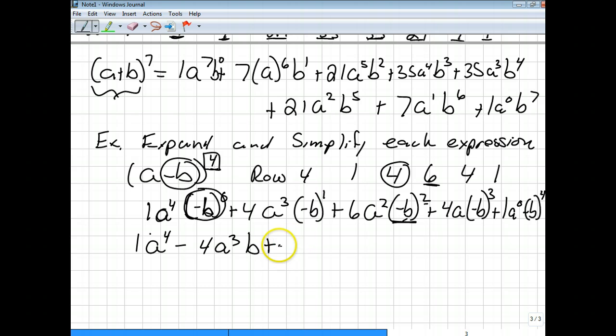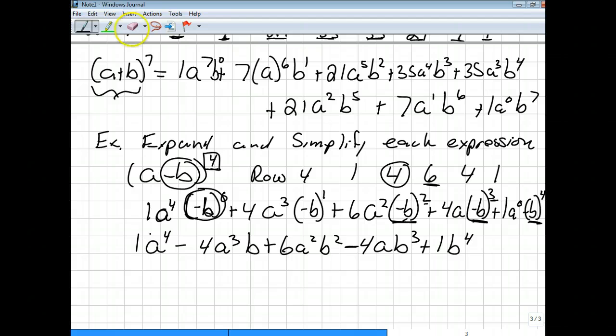So it's going to be 6a squared b squared. This one, it's raised to an odd power, so it's going to be minus 4ab cubed. And then this is even, so it's going to be plus. And so we get 1b to the fourth.